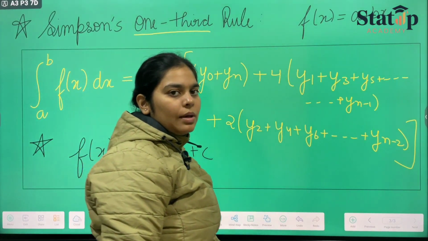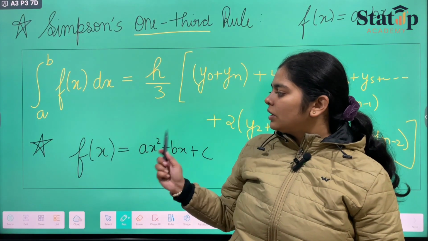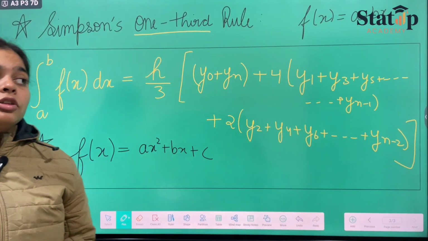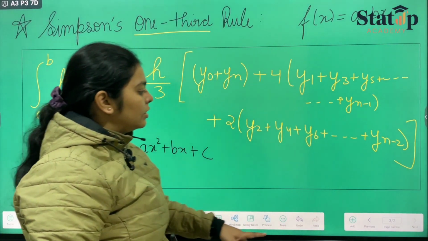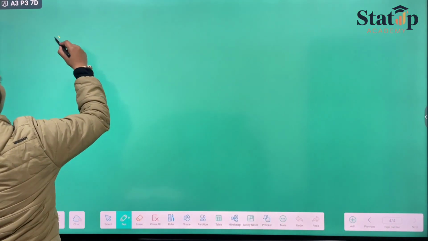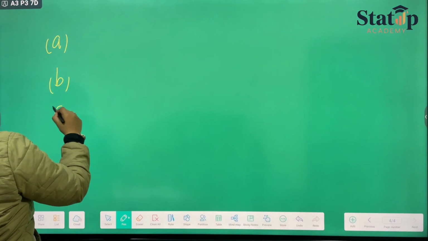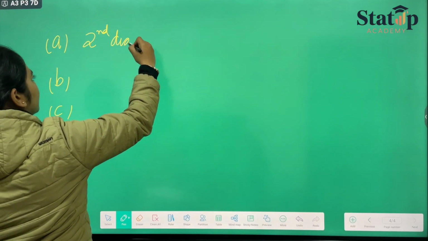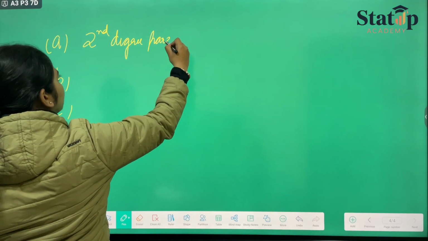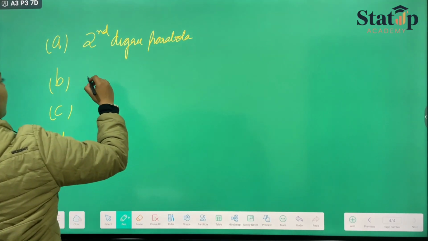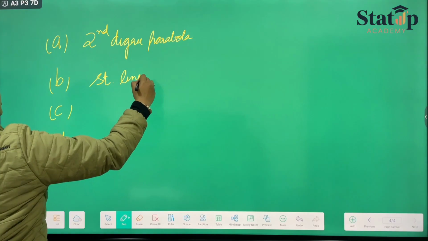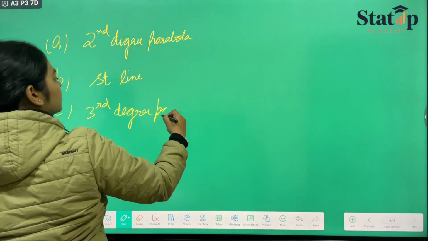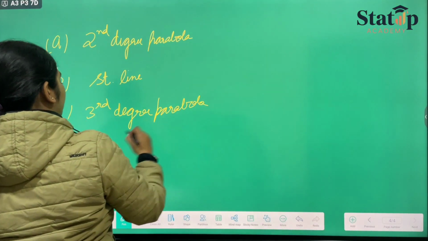They might ask you in the examination what the function looks like, and it is always a second degree parabola. The options could be like this: a, b, c and d. Option could be a second degree parabola, or a straight line, a third degree parabola, or hyperbola.